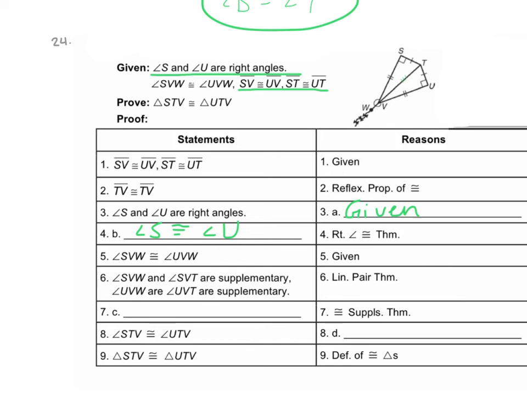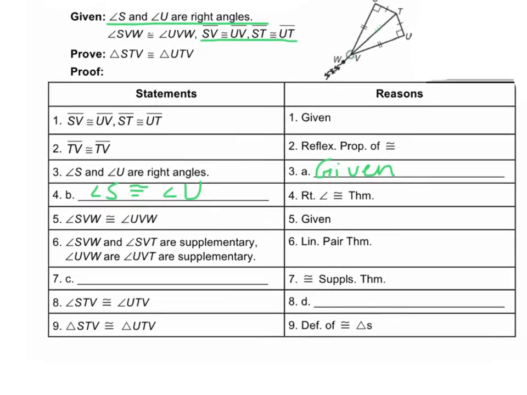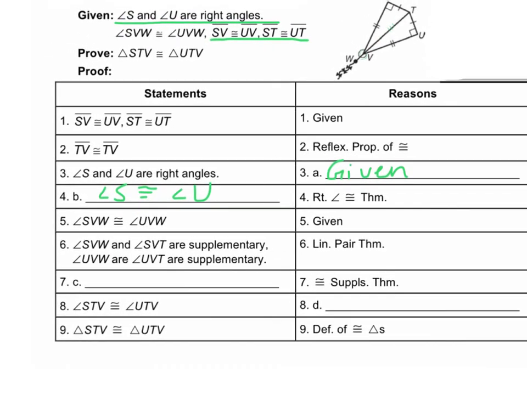Step 5 says that angle SVW is congruent to angle UVW, which it's talking about these angles on the outside here. And then step 6 says that angle SVW and angle SVT are supplementary, and angle UVW and angle UVT are supplementary. And this is the linear pair theorem.